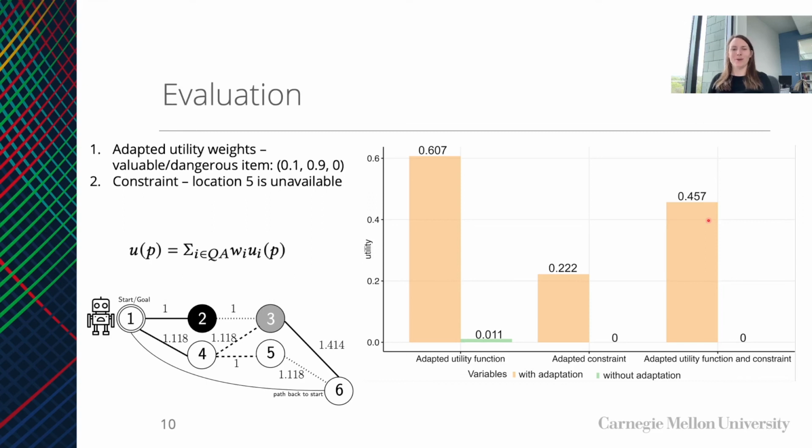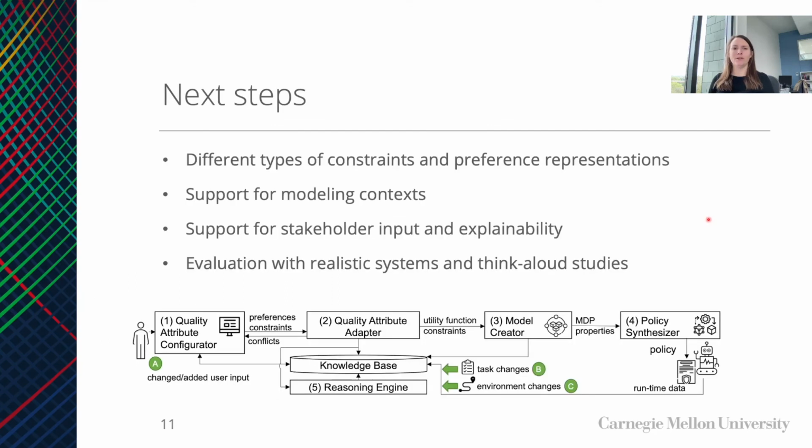And for the next step, we actually want to evaluate this further and also experiment with different types of constraints and preference representations. While it's very common that these utility functions are defined with the weighted sum approach in practice, there are also other mechanisms to represent preferences and to capture constraints.